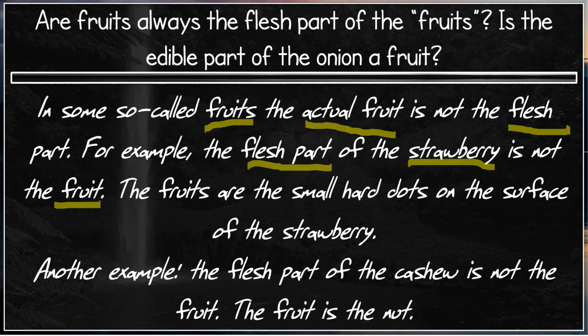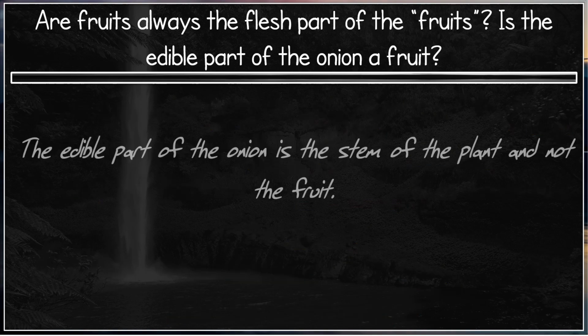The fruit is the small hard dots on the surface of the strawberry. Other example, the fleshy part of the cashew is not the fruit. The fruit is the nut. The edible part of the onion is the stem of the plant and not the fruit.